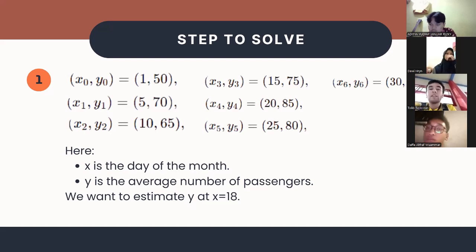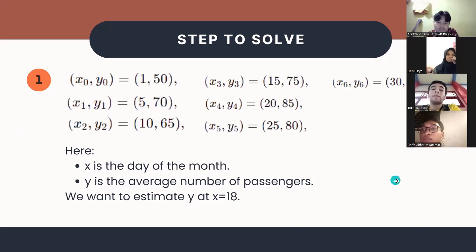X is the day of the month, and Y is the average number of passengers. And we want to find how many passengers were estimated on day 18.